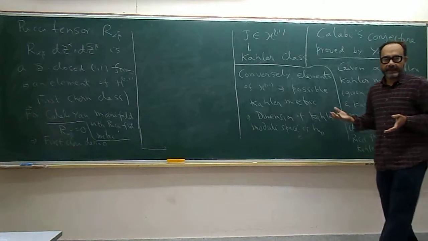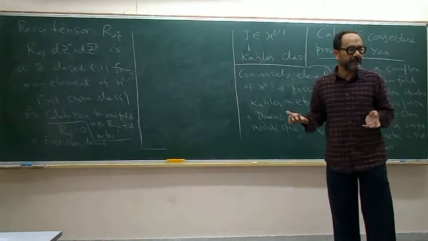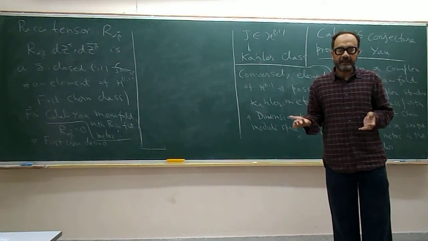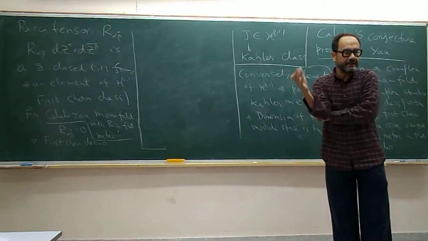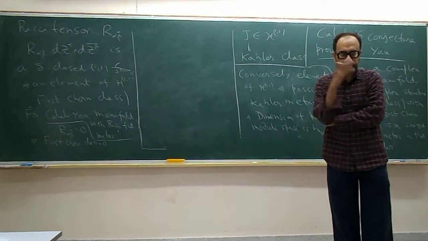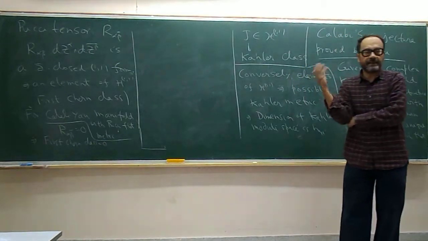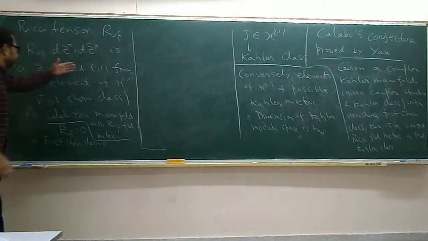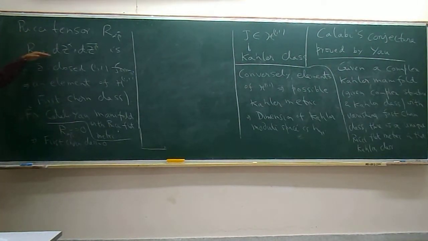If the metric is Ricci-flat, obviously the first Chern class vanishes, because the first Chern class is the element of H11 that is represented by this. So obviously, if R alpha beta bar is 0, this is identically 0. So it represents the 0 element of H11.